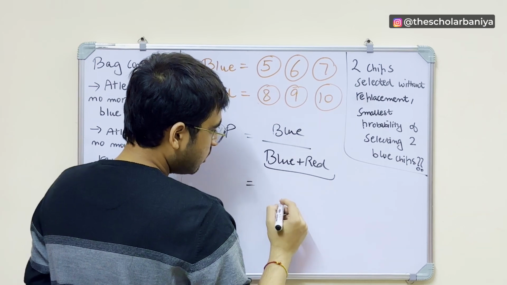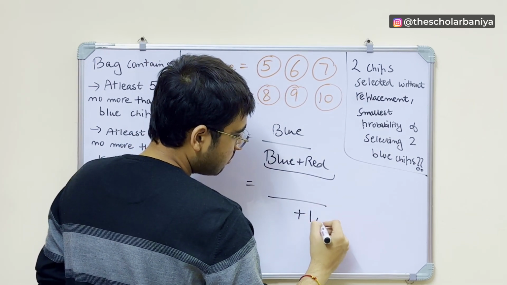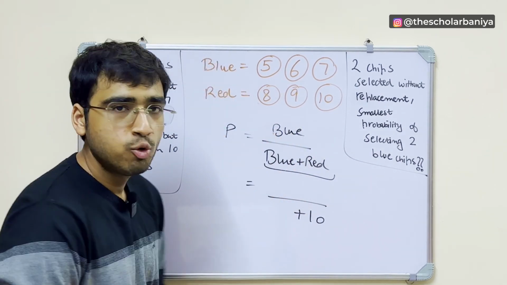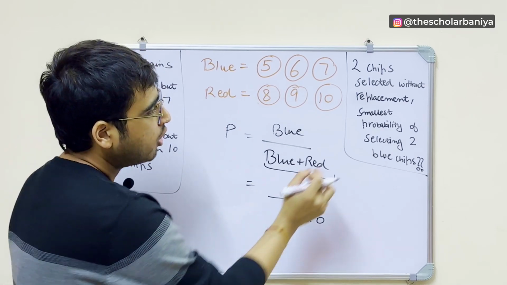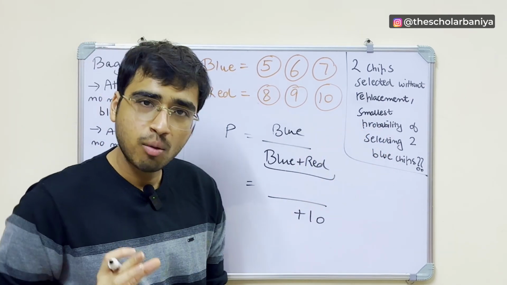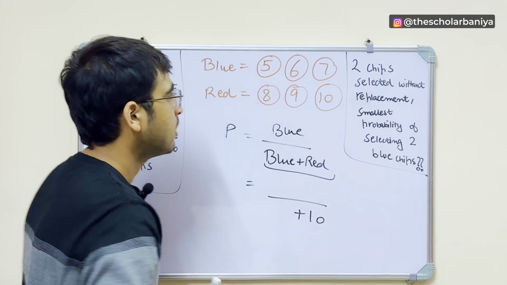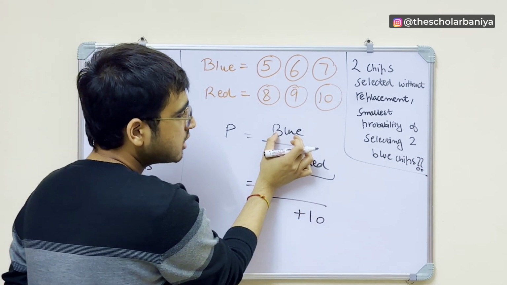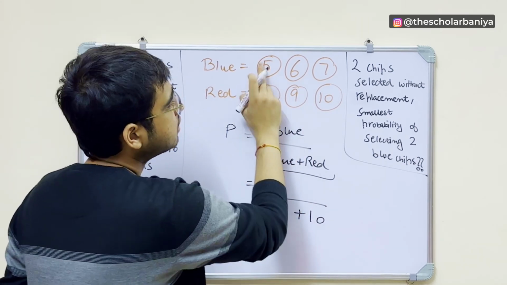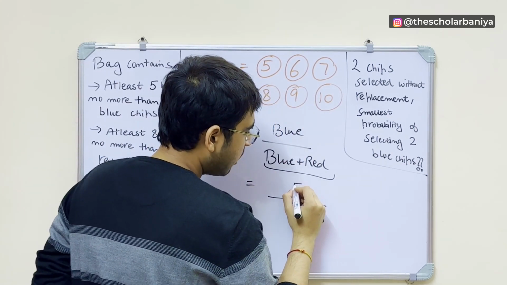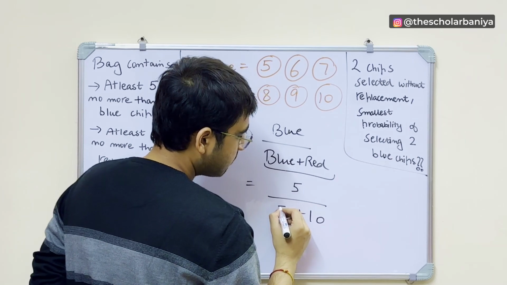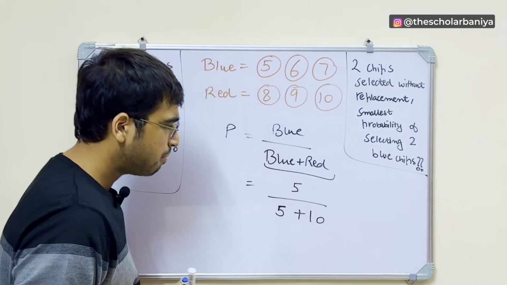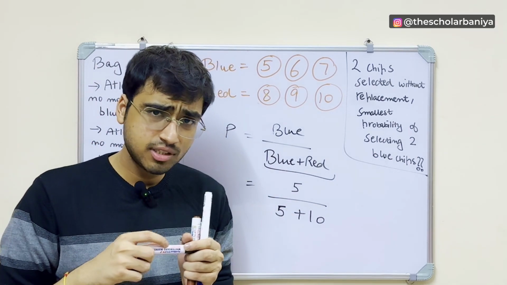Plus 10. Now we talk about the blue part, right? Because we want the smallest probability, we will take the smallest value over here, which is 5. So this is 5 upon 5 plus 10. I hope this makes pretty good sense.